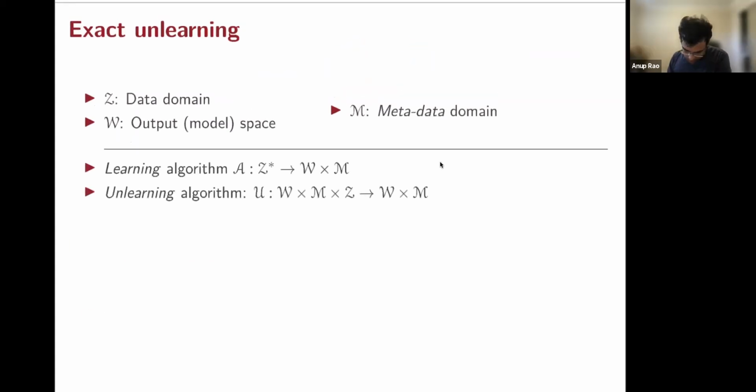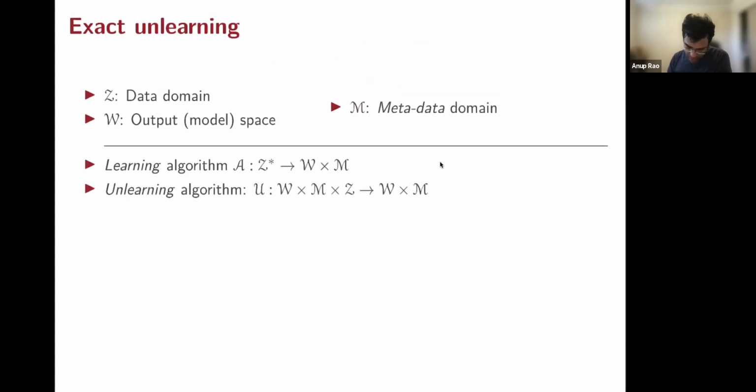So what we want is a learning algorithm A that takes a data set S and produces a model as well as maybe some metadata. The unlearning algorithm takes the model and the metadata produced by the learning algorithm and a point to be deleted, and gives an updated model and metadata.